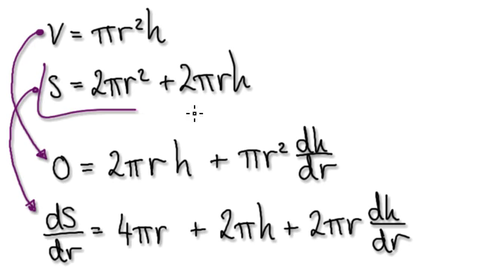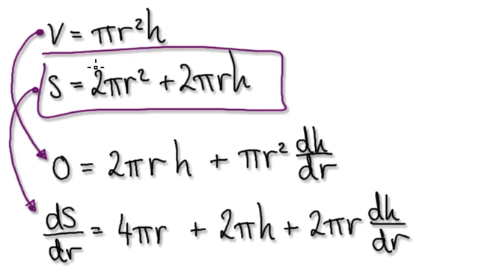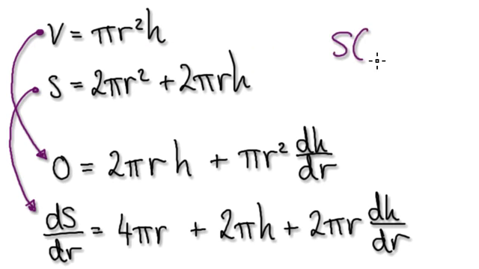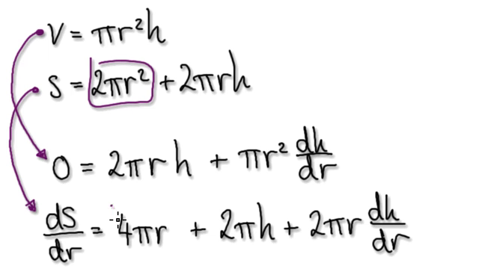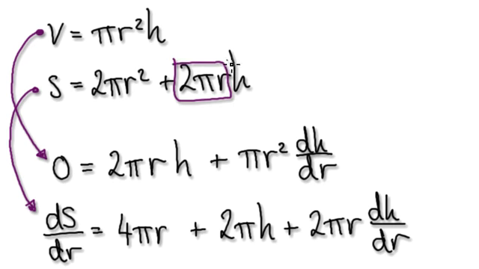And now looking at the surface area, don't forget surface area reacts to the R. So S is a function of R. So when you differentiate this, it will give you dS by dR. Okay. So differentiating this will then give you this. And then this here, don't forget H is a function of R. So this here, you've got to use the product rule.